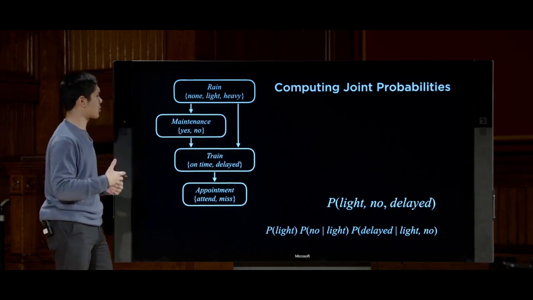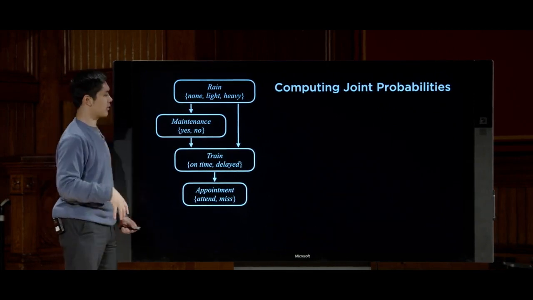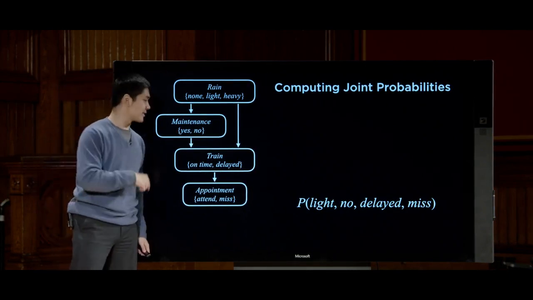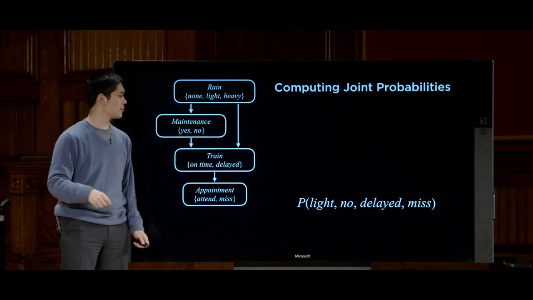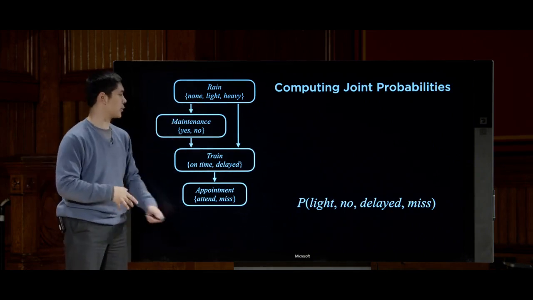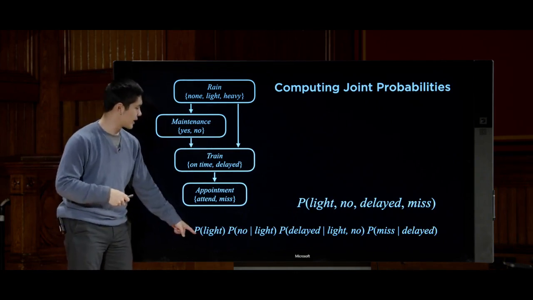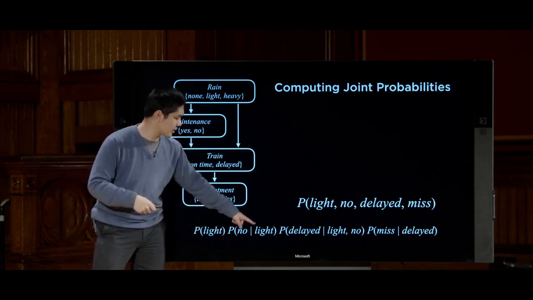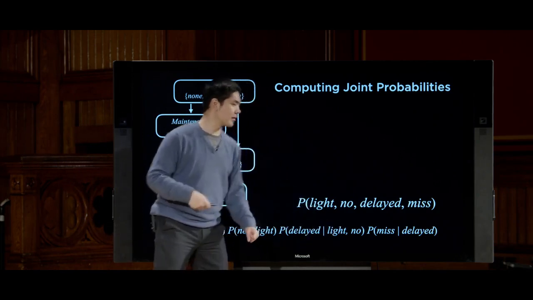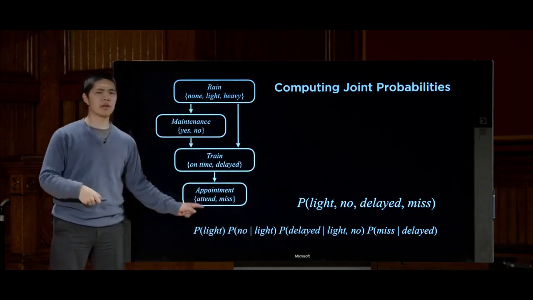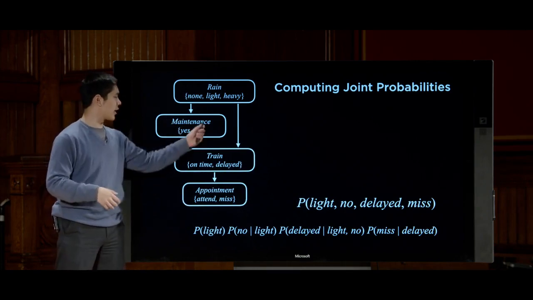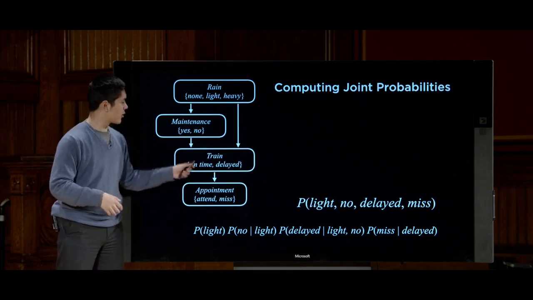And if I wanted a joint probability over all four of the variables, something like the probability of light rain and no track maintenance and a delayed train and I miss my appointment, well, that's going to be multiplying four different values, one from each of these individual nodes. It's going to be the probability of light rain, then of no track maintenance given light rain, then of a delayed train given light rain and no track maintenance. And then finally, for this node here, for whether I make it to my appointment or not, it's not dependent upon these two variables, given that I know whether or not the train is on time.